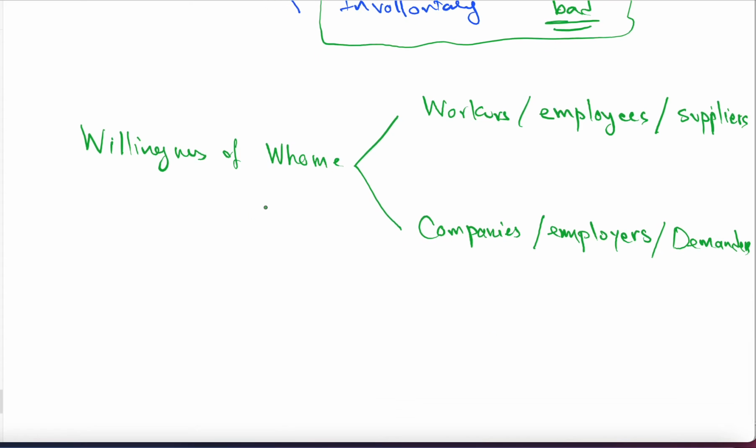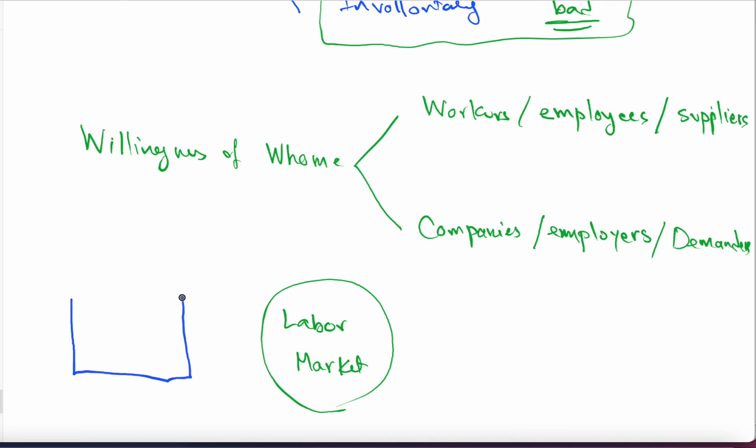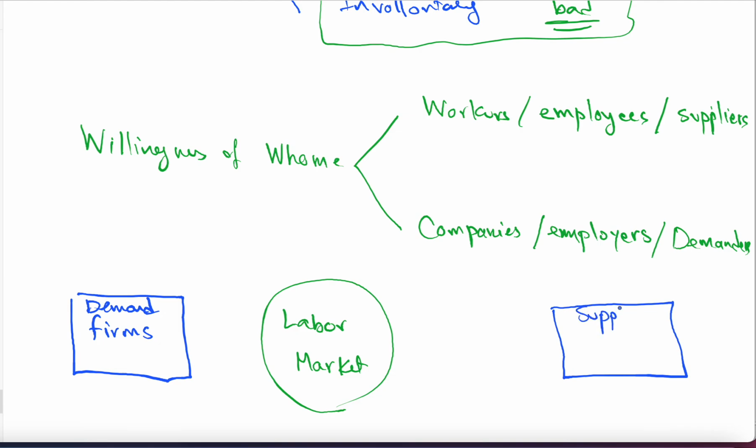We know that in the labor market there are two groups. In the demand side are the firms, and in the supply side we have the households.